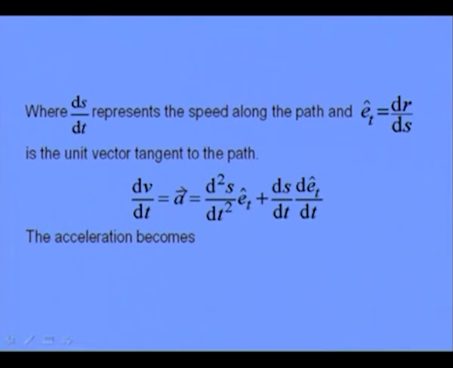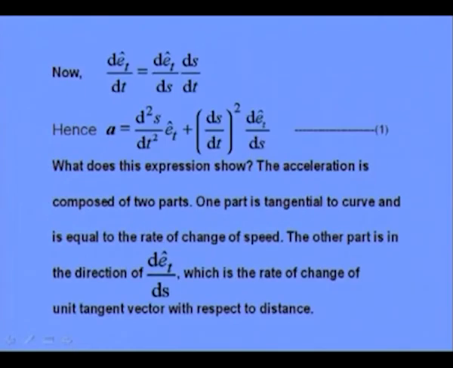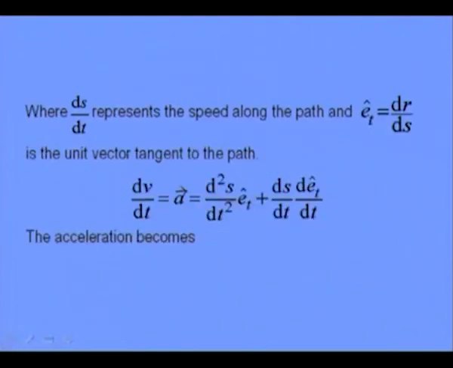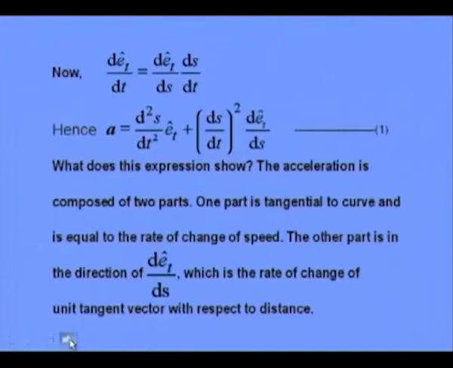This is the expression for acceleration, and the acceleration has two components. One is tangential, that is d square s by dt square. It is nothing but the derivative of the speed, but the second component is very important. This is ds by dt det by dt.